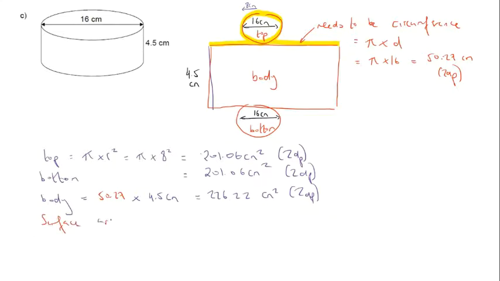So there's only 3 faces here. 201.06 plus 201.06 plus 226.22 gives me 628.34 cm squares. The cylinder is definitely the hardest one to do, so if you can cope with a cylinder, you can cope with any of these. So that's all done. Next question, please.